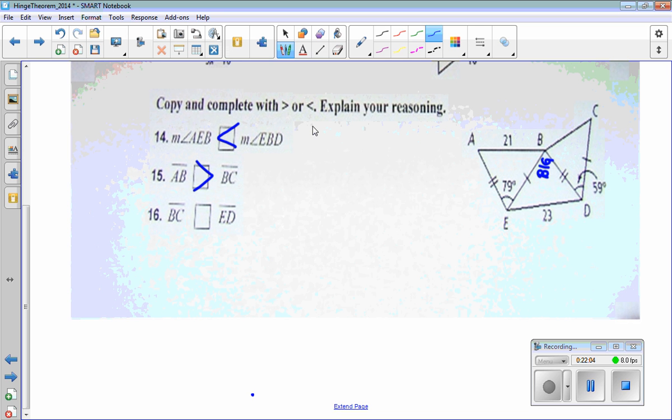I happen to know that AB is bigger than BC. I know that ED is greater than AB, right? So therefore, ED must be greater than BC, right? Do it that way too. Bigger, transitive. Would you do it a different way? No. I was going to say, if you did it a different way, please tell me. I want to know.